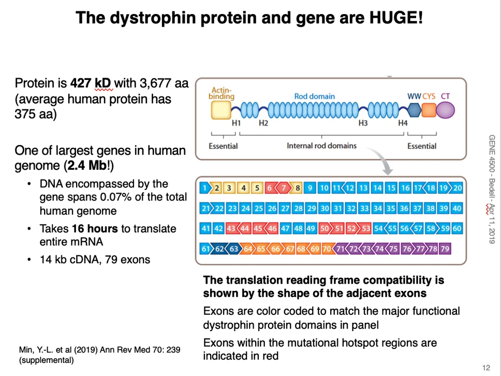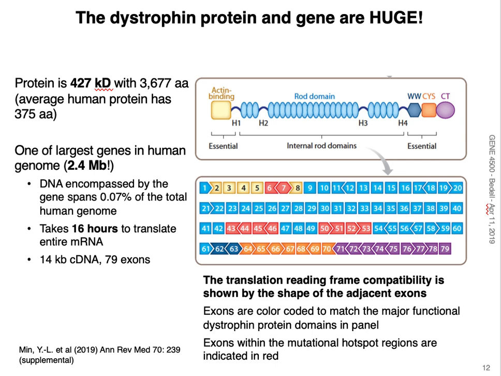Is that reading frame for transcription or for translation? Reading frame for translation. Okay. So now this is the normal mature mRNA, at least what's functioning in skeletal and cardiac muscle.